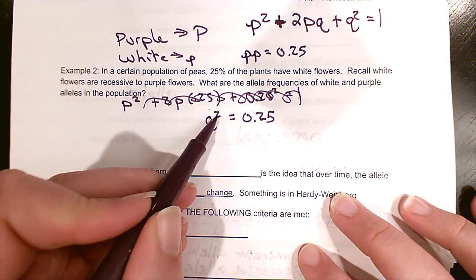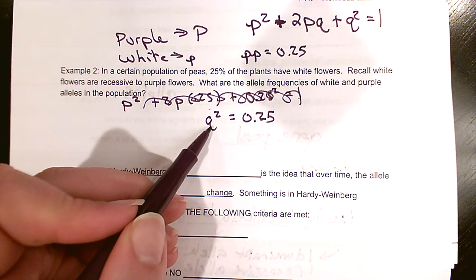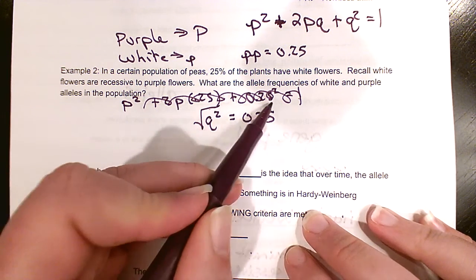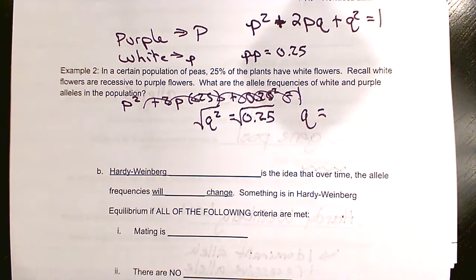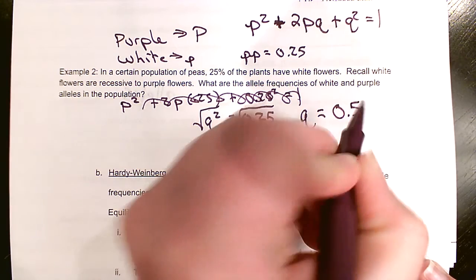Okay, so in math, when we have something squared, we don't want to know what q squared is, we want to know what q is. All right, so to get rid of a square in math, we take the square root. So q equals the square root of 0.25, which is 0.5.